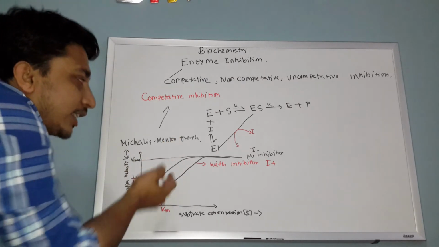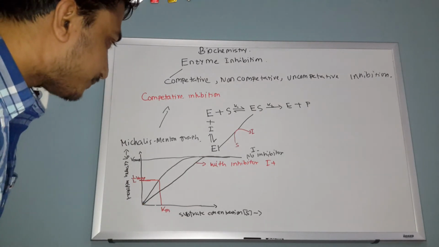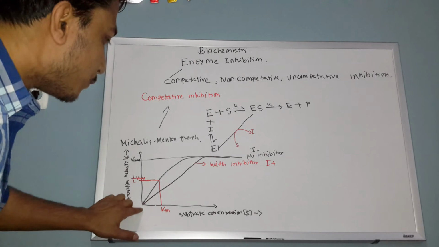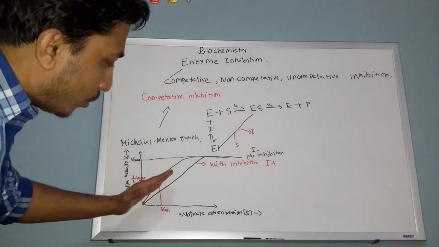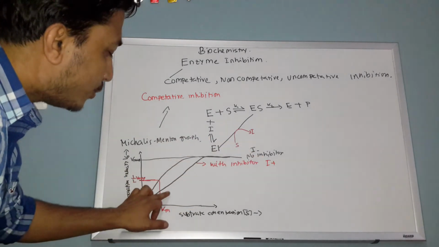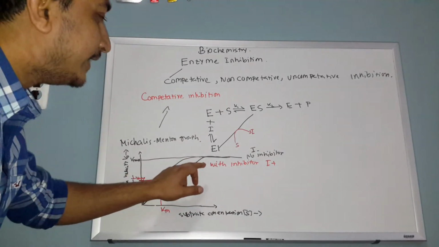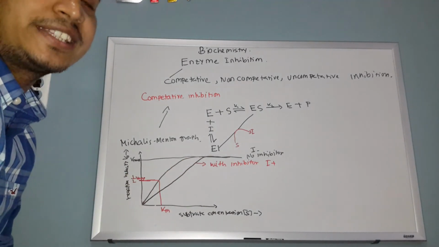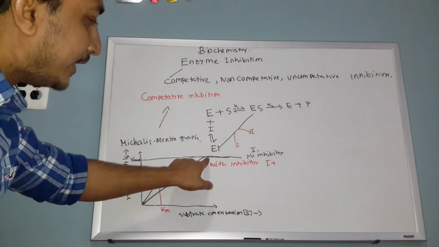Look right now what happened. This one with inhibitor is a lower curve, but it reaches the maximal velocity, Vmax, some place in here.